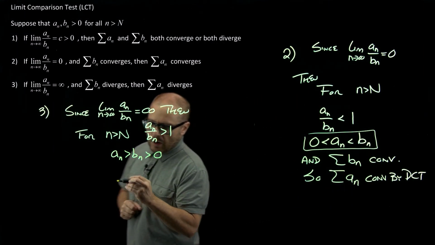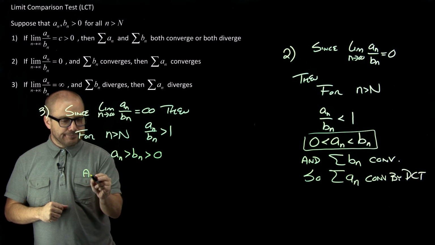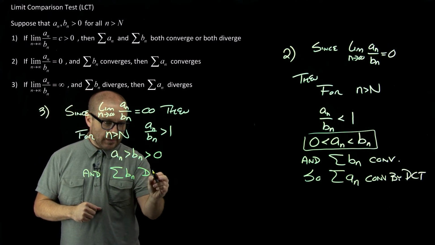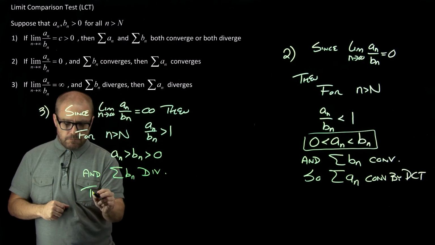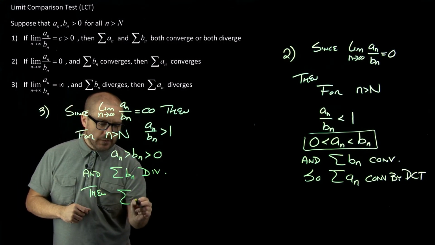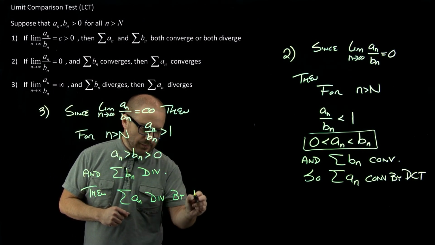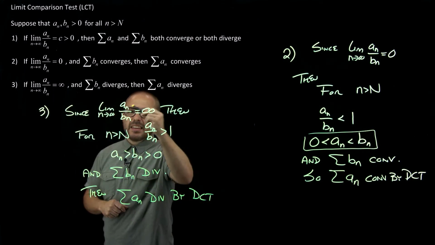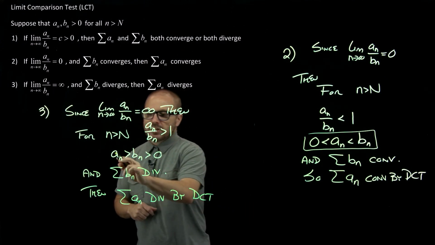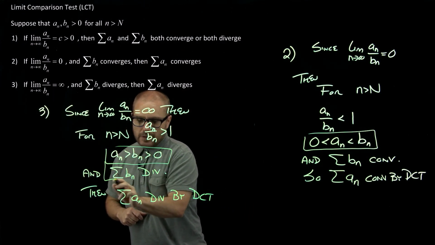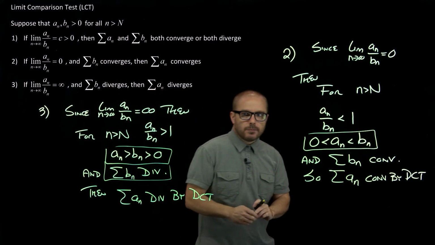And so if the b_n's diverge, then the sum of the a_n's diverges by DCT. Because again, that limit is telling us that eventually we have exactly what we need for a direct comparison test.